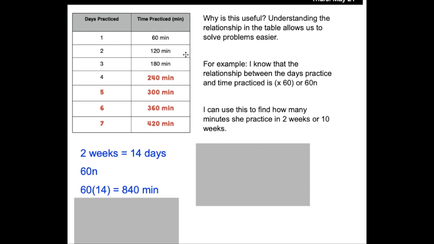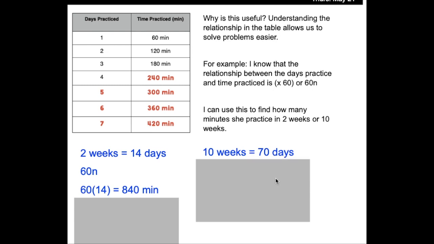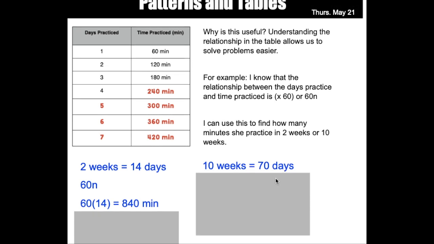Yes, I could continue the table, but that's not really an efficient way of finding my answer. I can use my algebraic expression or the relationship between the table. I know that the days practiced times by 60 minutes will give me how many? So 10 weeks would be 70 days.